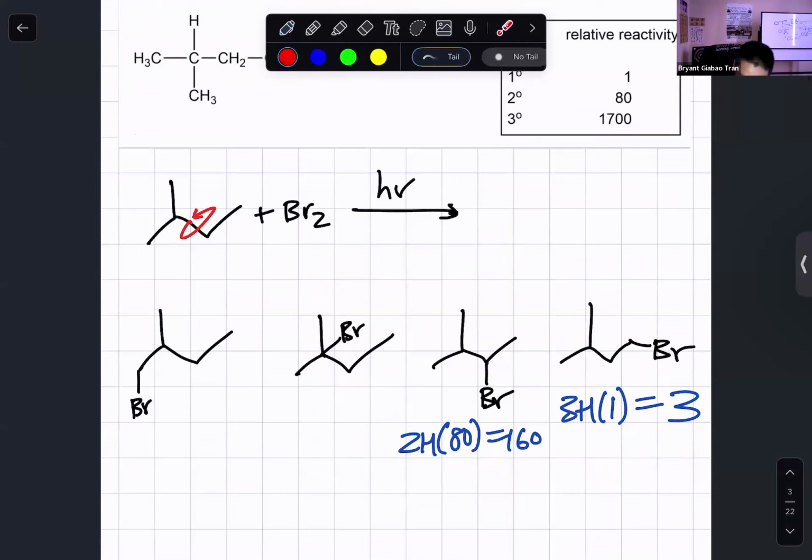So right now, we see that there's a higher chance of forming this product more than this product, right? The number here is representing how much of this will we form compared to the other one, right? So this will make more sense after we finish the whole thing. What would you do for this one here?